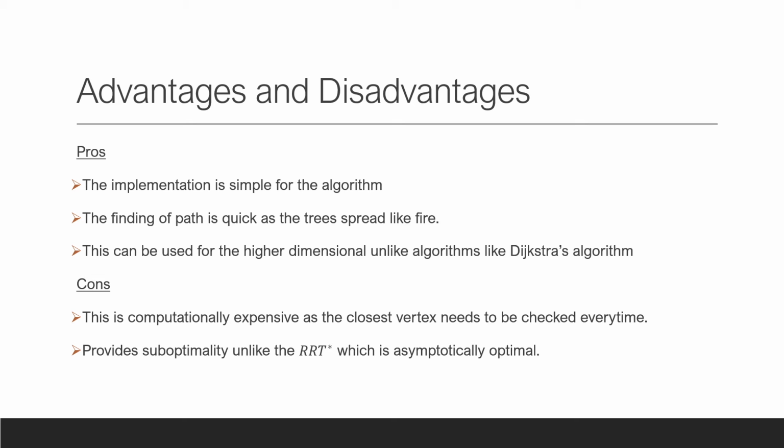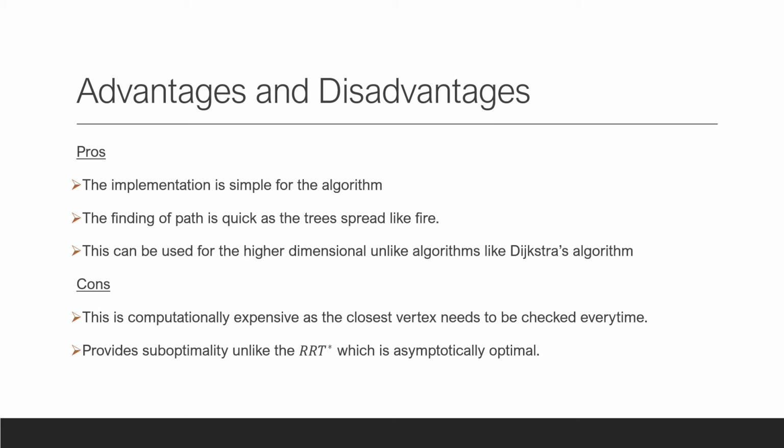We can see that suddenly, from a starting point, not toward the specific goal node but through all the randomly generated points, the tree expands like fire. This can be used for higher dimensional computations, unlike algorithms such as Dijkstra's.